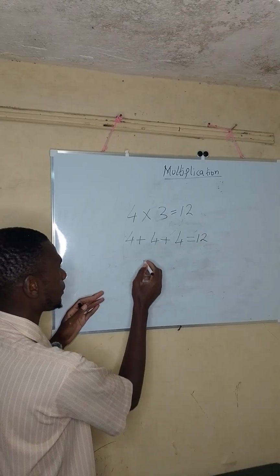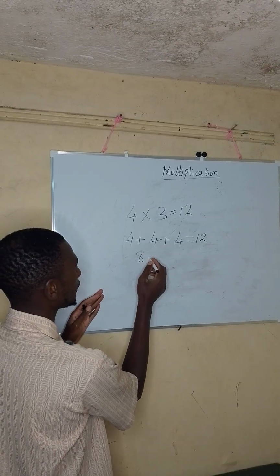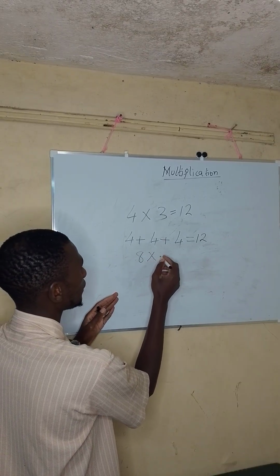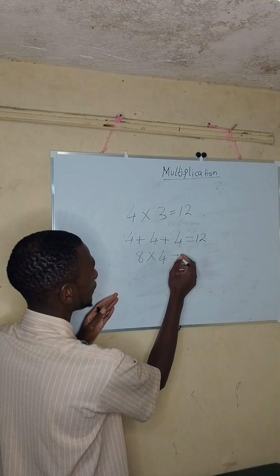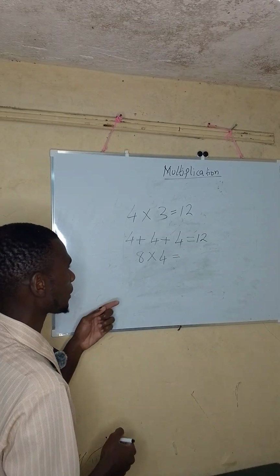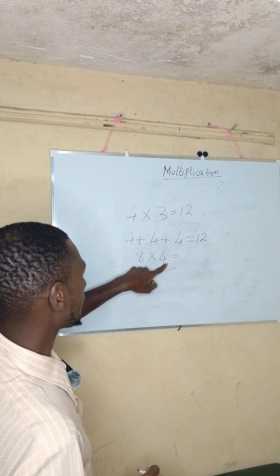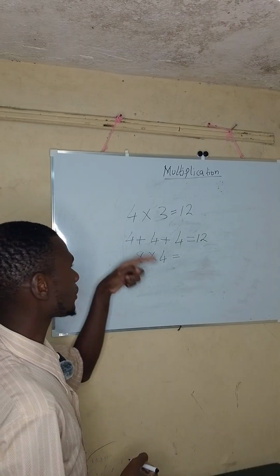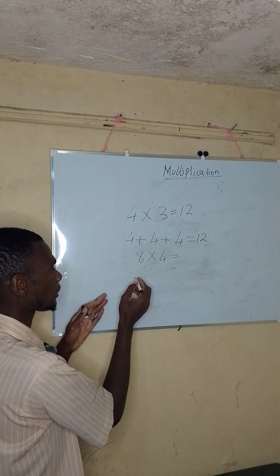If you have maybe 8 times 4, 8 looks a bit bigger than 4, but you can use the same method.